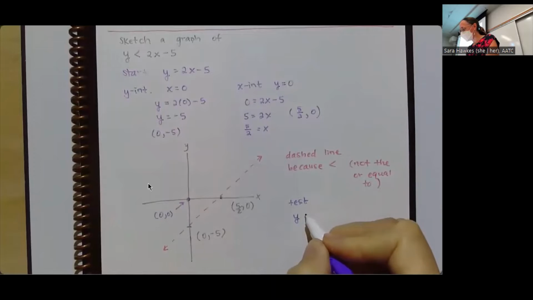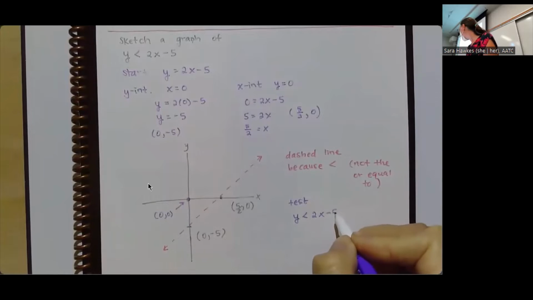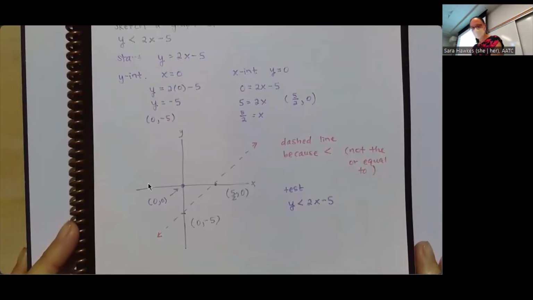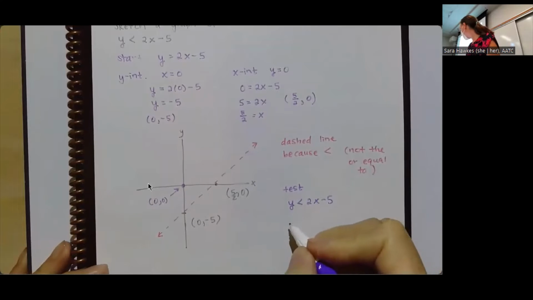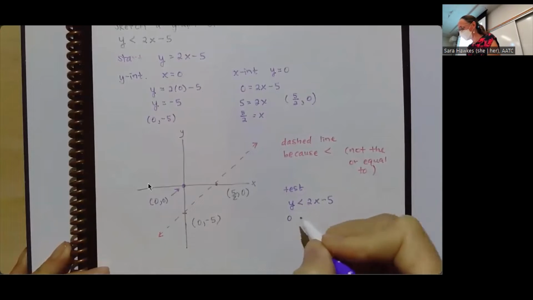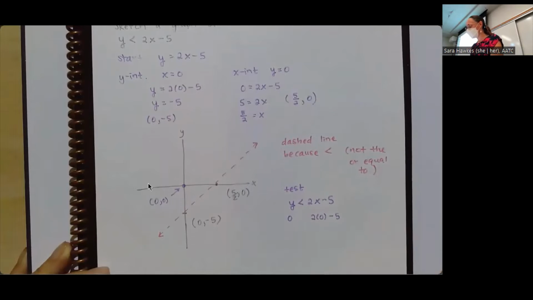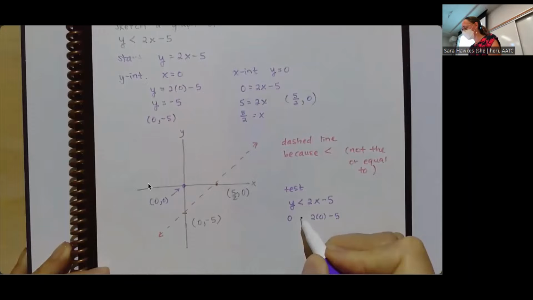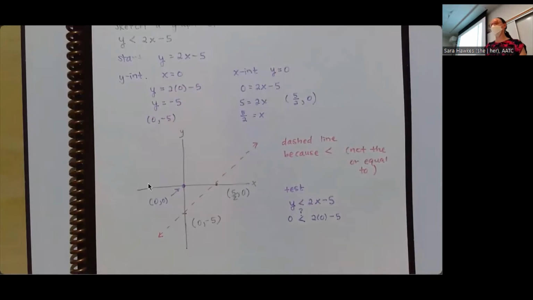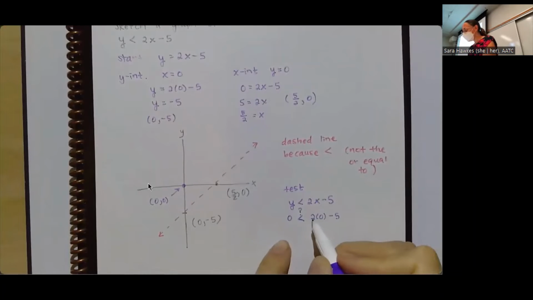So if I'm looking at y is less than 2x minus 5, I'm going to test if I plug in 0 for y and I plug in 0 for x, is the inequality true? And I'm putting a little question mark there because I haven't decided yet. 2 times 0 is 0, 0 minus 5, I'm at -5.